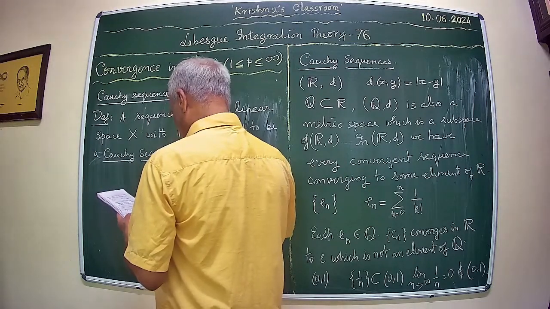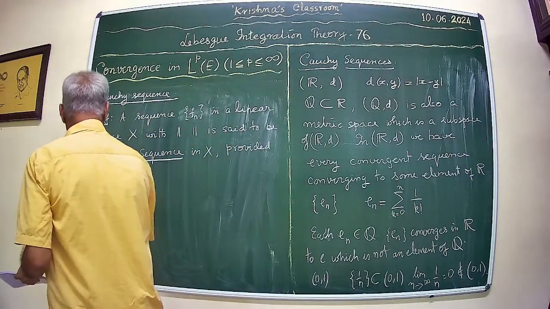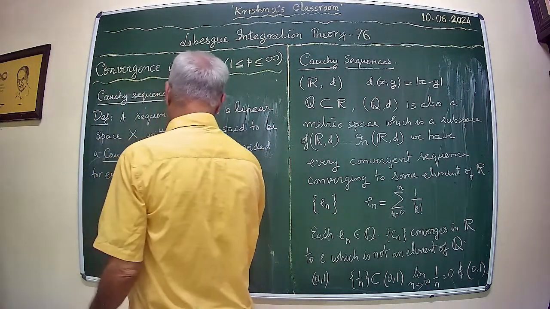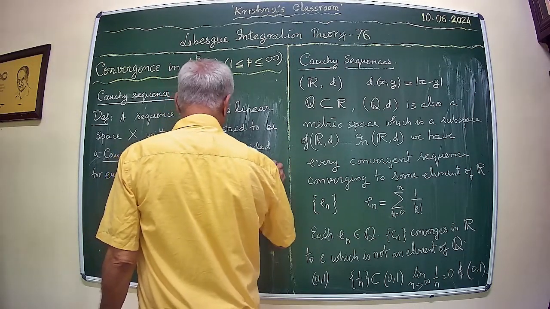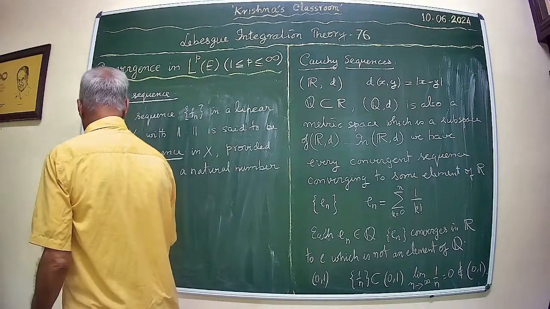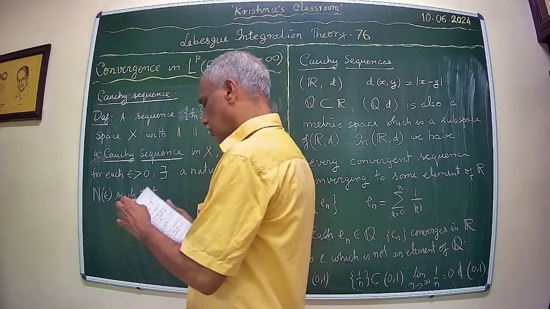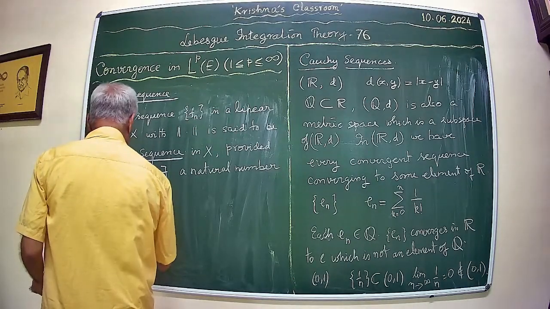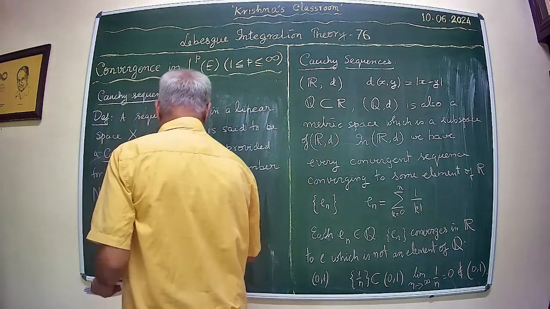Provided for each epsilon positive, there exists a natural number N, which may depend on epsilon, such that the distance is less than epsilon for every n.